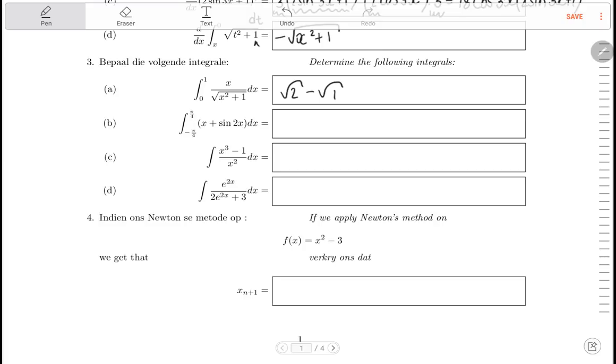For the next one, we can solve this one pretty easily. If you can see that you can just write this as the sum of two integrals, and then we know the integrals of those two individual functions, the individual functions being x and sin 2x.